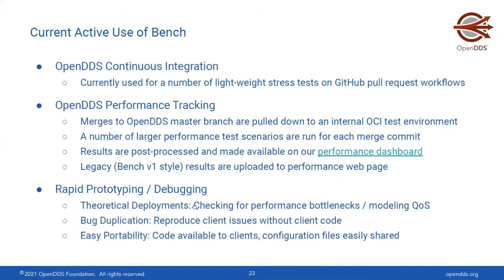You could, using the JSON config files, map out what you thought your deployment was going to look like and implement the payloads and frequencies that you thought you were going to be writing. You could run that in your own test environment without ever having to write a line of OpenDDS application code, and then check the statistics to see whether it looked like it was going to be able to keep up.